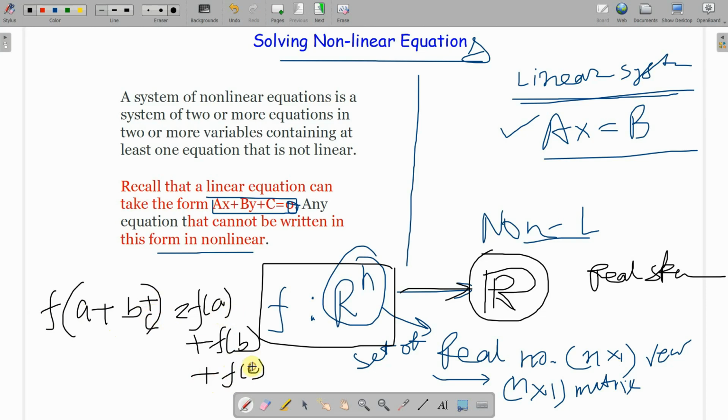That's called the superposition principle. When it is not followed, we say that this equation set is a nonlinear equation set.